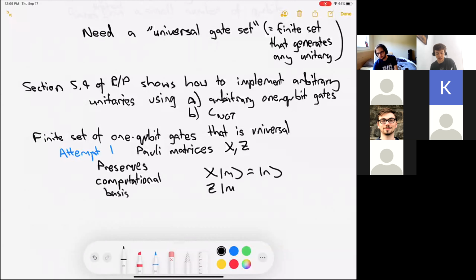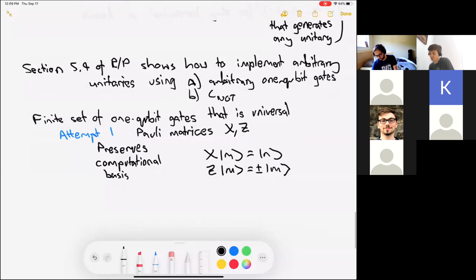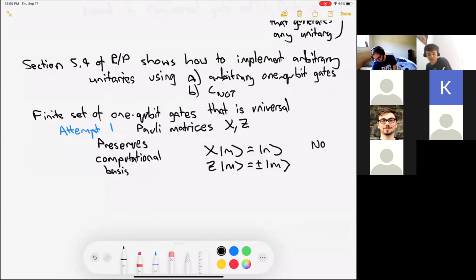Same thing if we apply Z, we still get a computational basis state. So even if we link these two things together in some big circuit, then we're always going to end up with a computational basis state. We started with one, and that's certainly not true of general unitaries. So this is not universal.